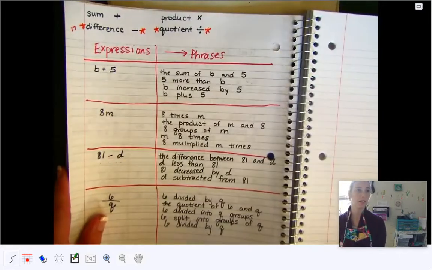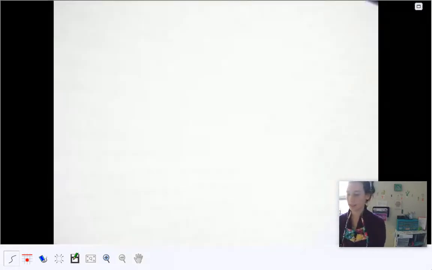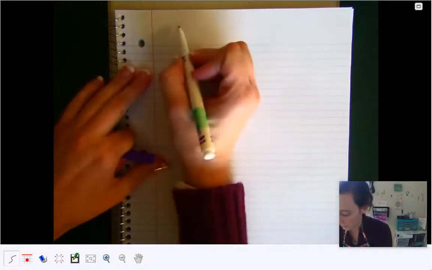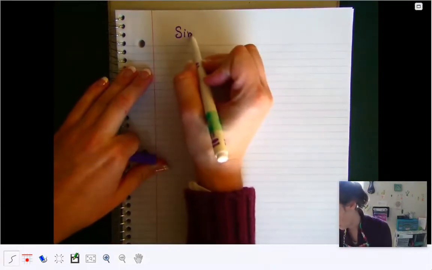Here we are on the other side of page 17, and this is going to be titled Simplifying Expressions.